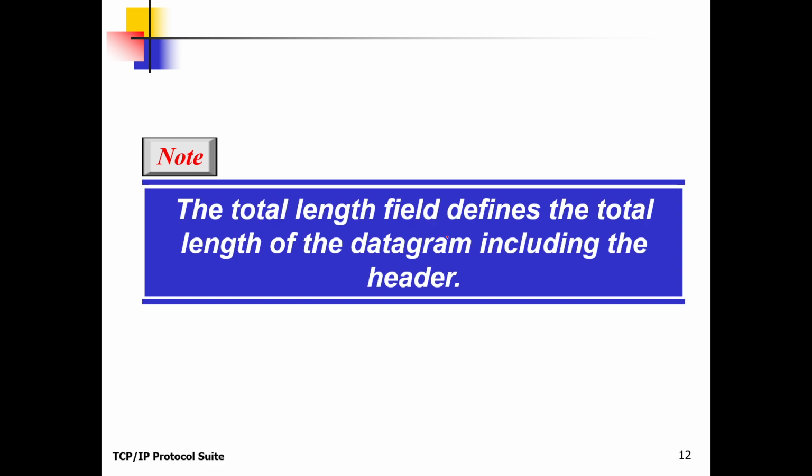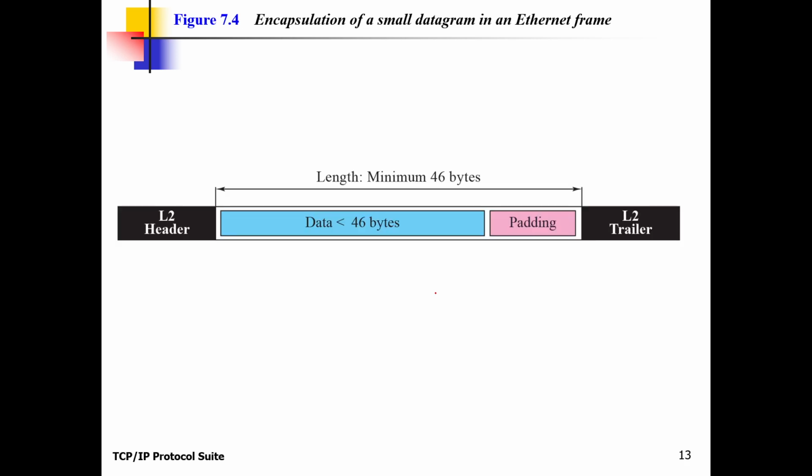So the total length field defines the total length of the datagram, including the header. So you have data, and if the data is less than 46 bytes, we have to add padding, since the minimum length should be 46.